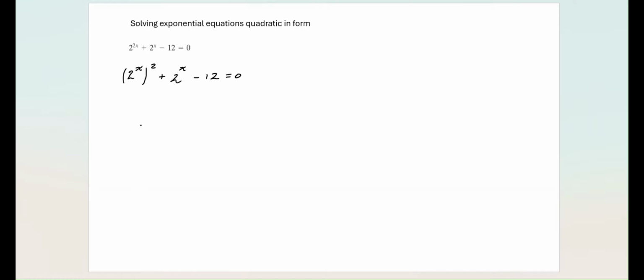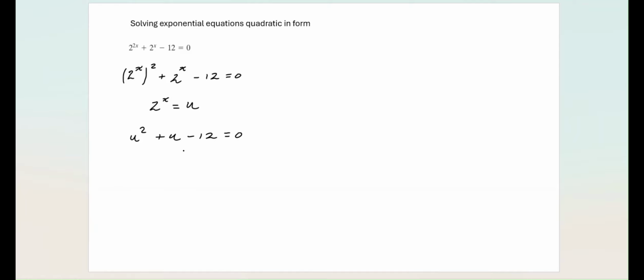You can now make an appropriate substitution. In this case, we substitute 2 to the power of x by u. So now you get u squared plus u minus 12 equals 0.